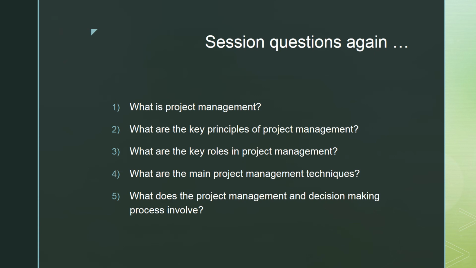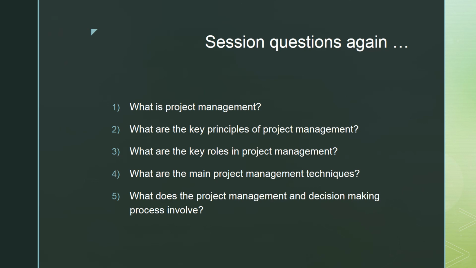Now let's recap the questions we set out to answer, okay? If by any chance you think, oh, I don't think I remember what the answer to that question is, of course, you can go back to the presentation and revise. But the questions we set out to answer are the following. Question 1, what is project management?